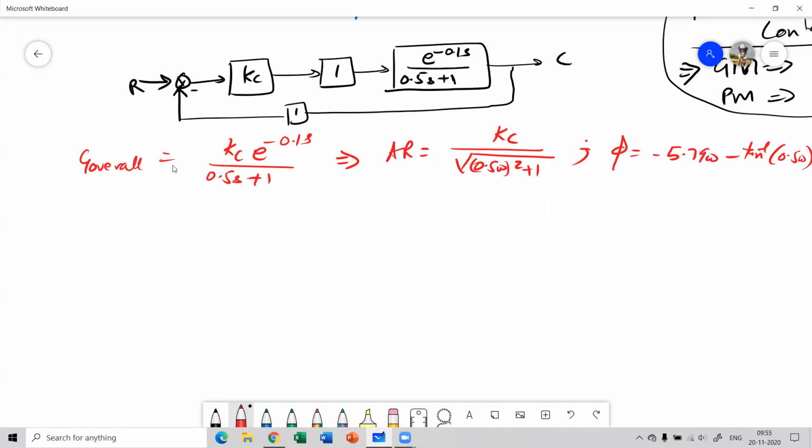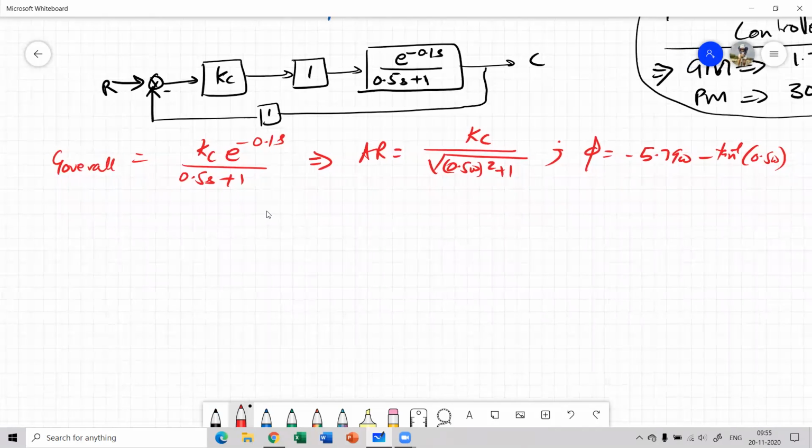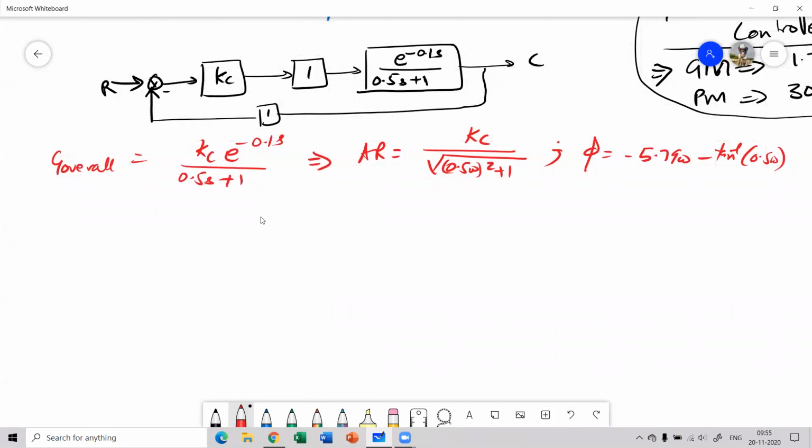So these were the values which we determined in the previous class. Now for φ equal to minus 180, we equate φ to minus 180, and by using hit and trial we calculated its crossover frequency, which comes out to be 17 radians per minute. This we did last time.